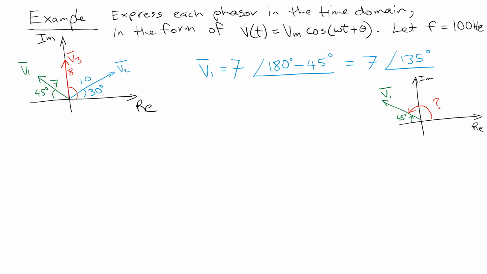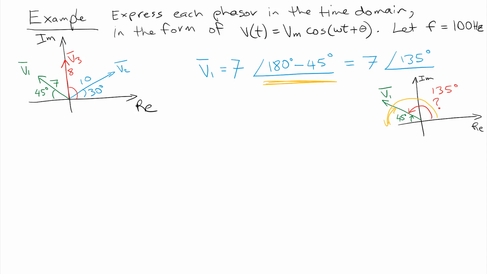What we're going to do is go all the way across to 180 degrees and then come back 45 degrees. And that's what's shown over here. So it's 180 degrees minus 45 degrees, which will give us 135 degrees as the angle.